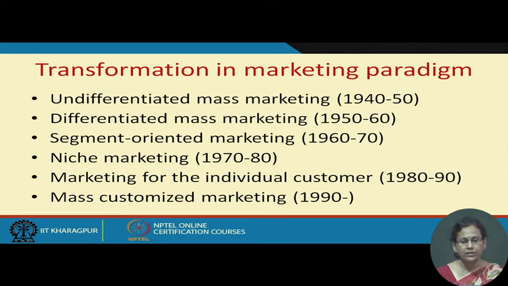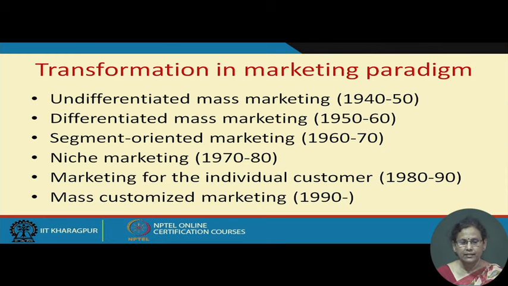In the next phase, people started making the whole market into small segments, and for each segment a special marketing drive was proposed. Then around the 70s and 80s, the concept was niche marketing, finding small niche areas where customers can be motivated to buy the product and taking appropriate actions accordingly.